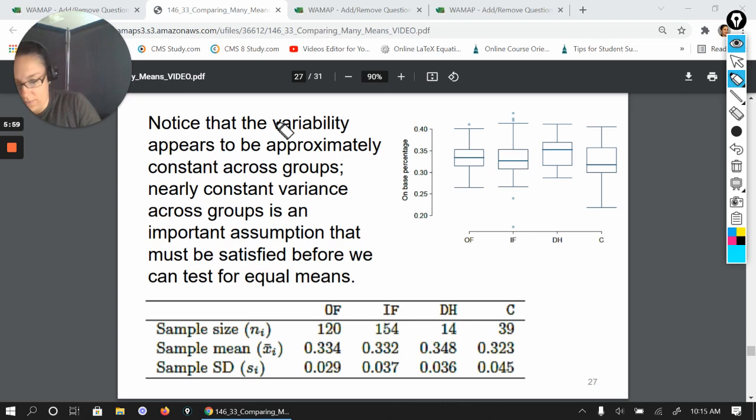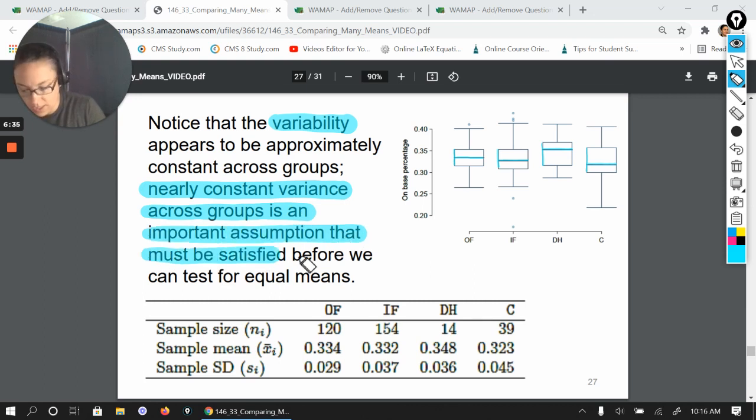Notice that the variability appears to be approximately constant across the groups. If I highlight the width of the boxes and the medians, they're all clustered around a similar horizontal line. So nearly constant variance across groups is an important assumption that must be satisfied before we can test for equal means.